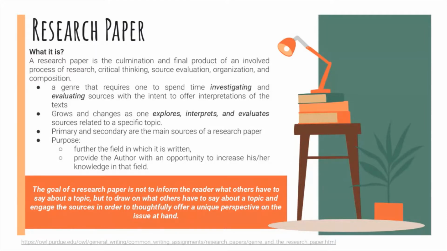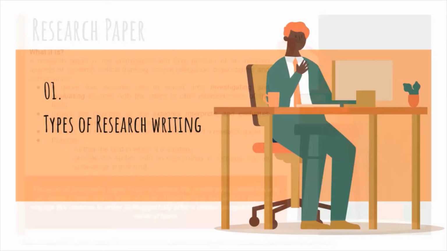The purpose of a research paper is to further the field in which it is written, and provide the author an opportunity to increase his or her knowledge in that field. The overarching goal of a research paper is not to inform the reader what others have to say about the topic of your choice, but to draw on what others have said about that topic and engage the sources in order to offer a unique perspective on the issue at hand.